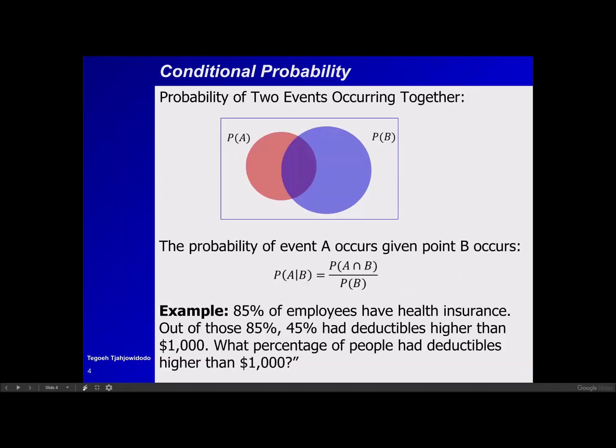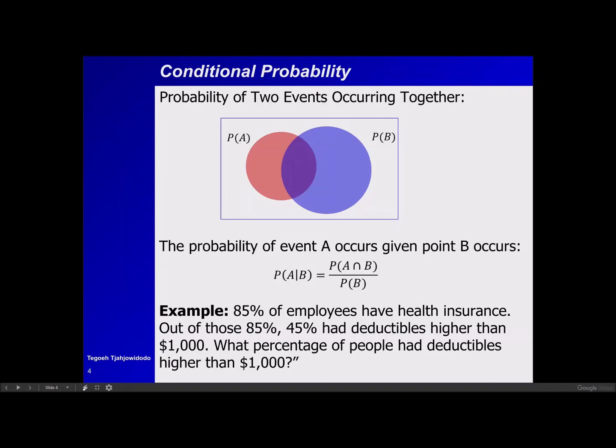And now let's take a look at a two event case. Let's say I have two events A and B, I can derive a conditional probability.